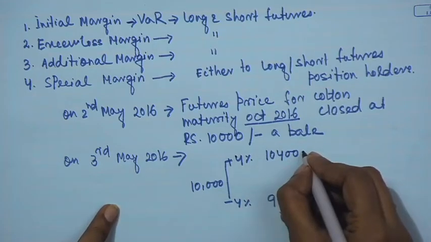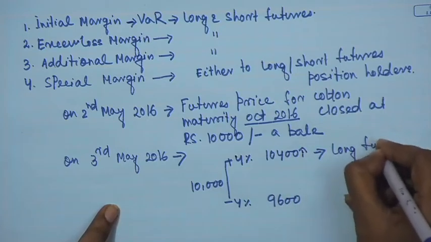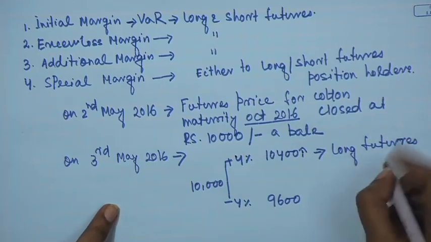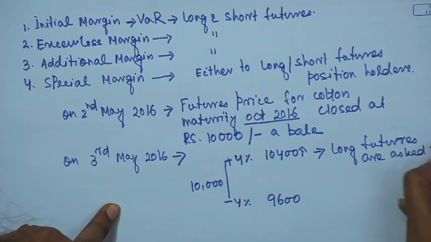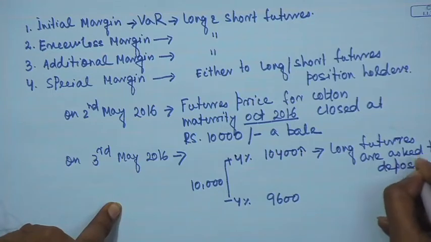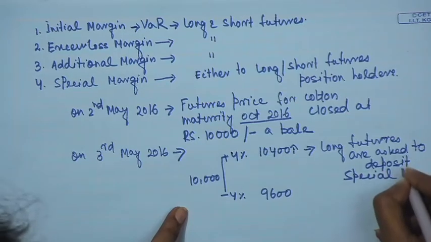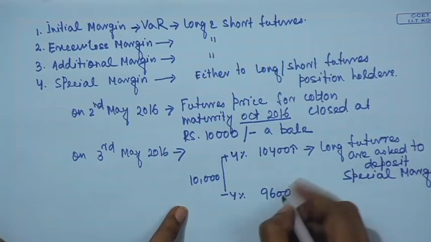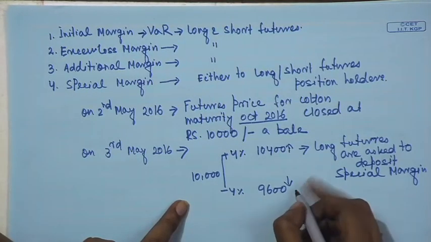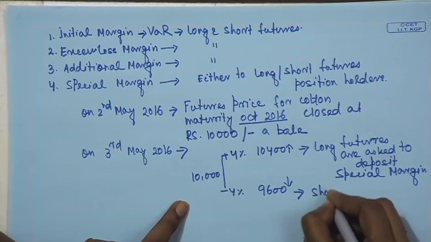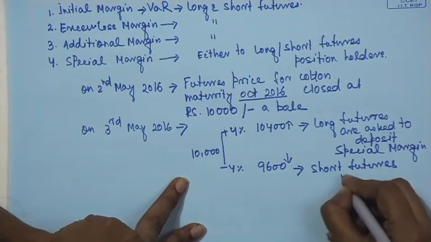Suppose futures price touches this level, then long futures position holders are asked to deposit special margin. If futures price touches the 9,600 level, then short futures holders are asked to pay margin.